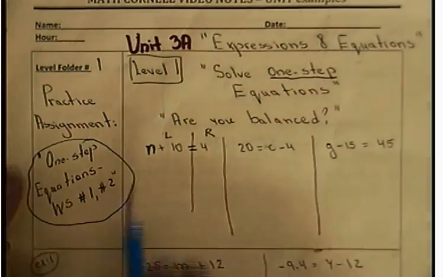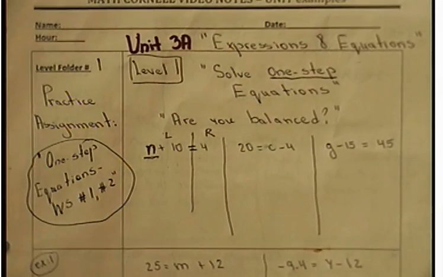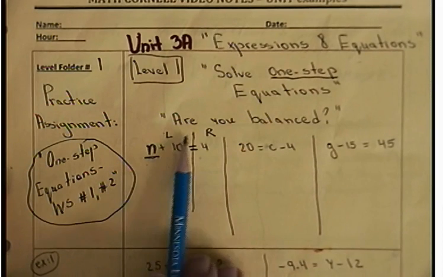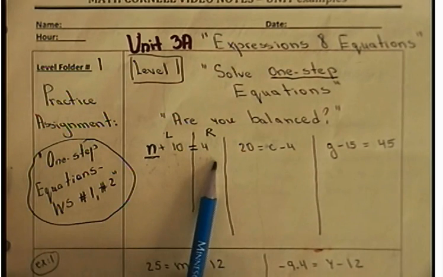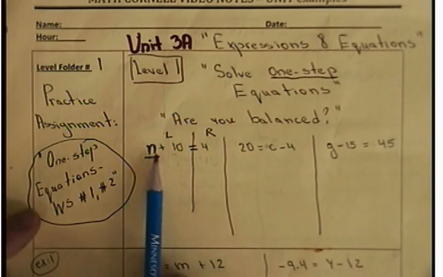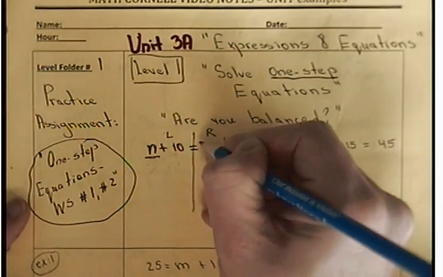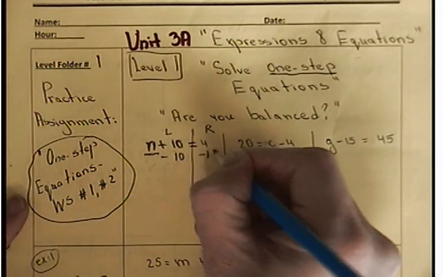In order to solve for n, we have to undo the operation, or cancel out a number that is added or subtracted to the variable, in order to take this off and move it to the other side of the equation. So how is that possible? It is possible when we always do the opposite sign of the given one. So if this one is n plus 10, then the opposite will be minus 10 on both sides.